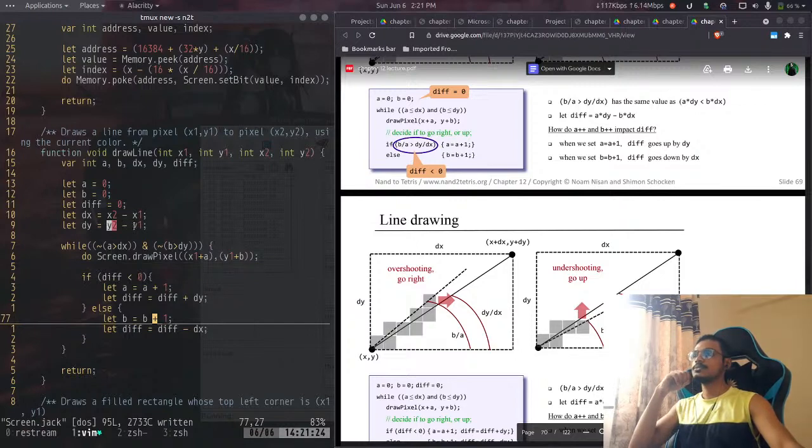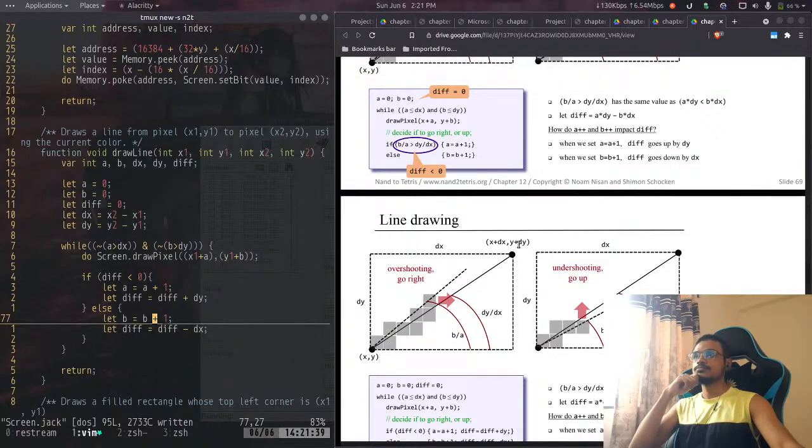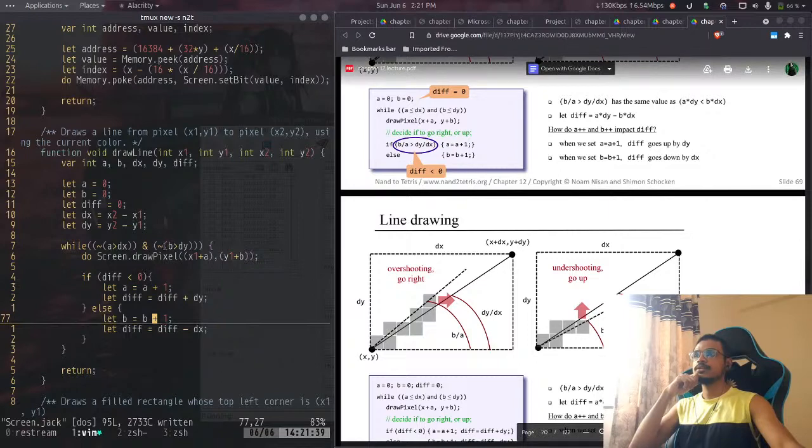If y2 is less than y1, then dy will be negative. In that case, this condition will become false, so it won't even get inside this loop, and it won't be able to draw any pixel.